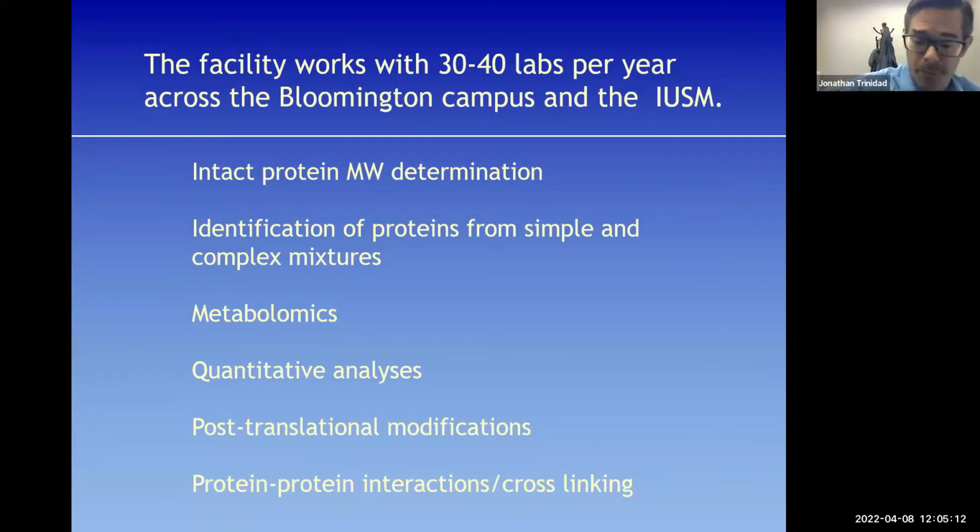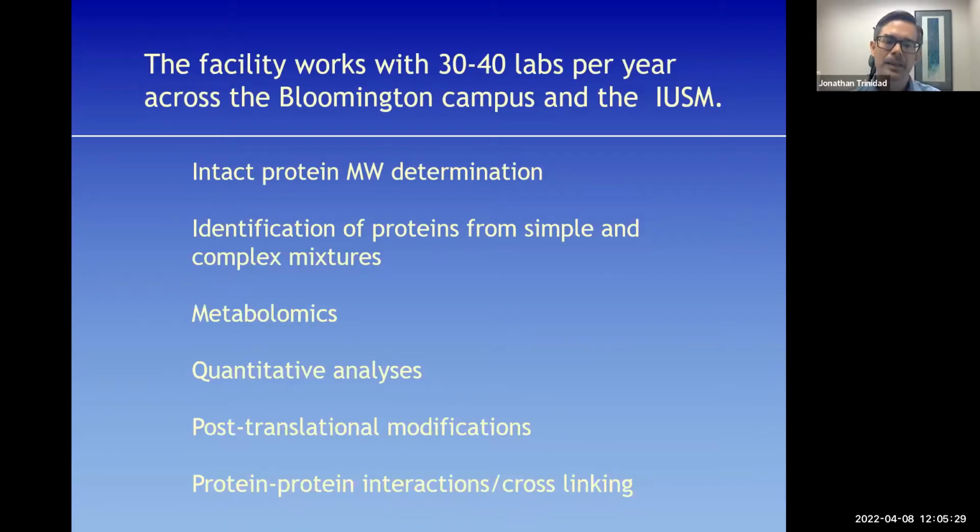They serve a really important purpose, right? Because people need to know their protein molecular weight, or the identity of something that co-immunoprecipitated, but they aren't quote unquote research. They're more standard assays. But I'll give you a flavor of everything we do.